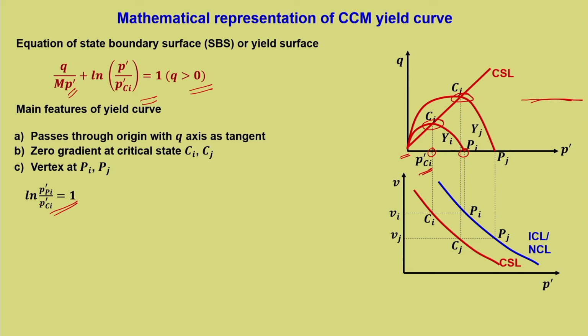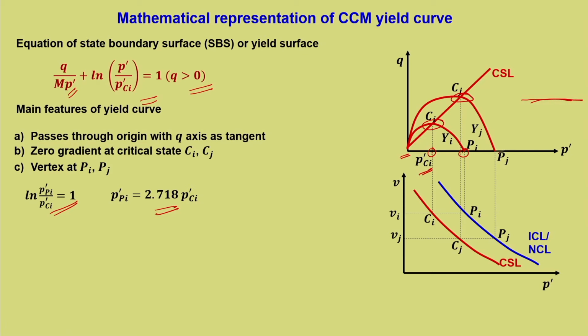And what is the relationship? It is ln p dash pi upon p dash ci is equal to 1, or if you take the anti-log, it is p dash pi is equal to 2.718 p dash ci. So, this is one of the attributes of this particular yield curve.